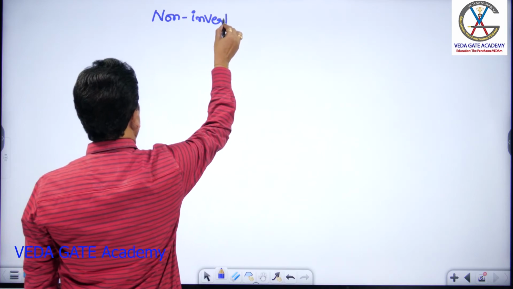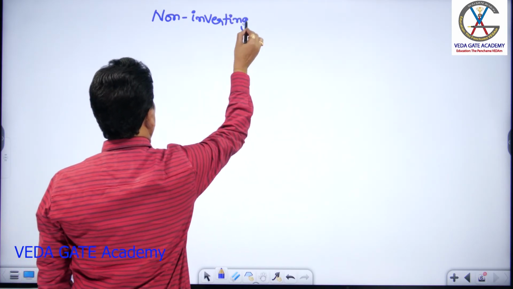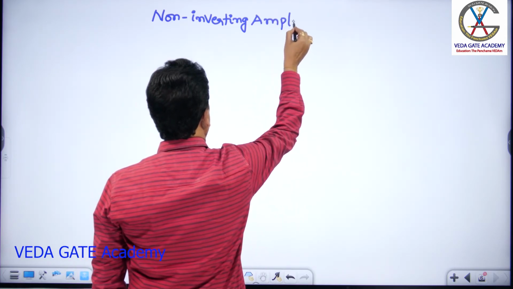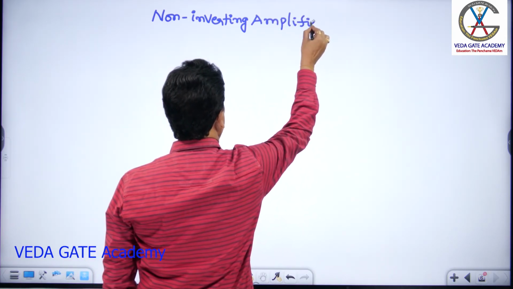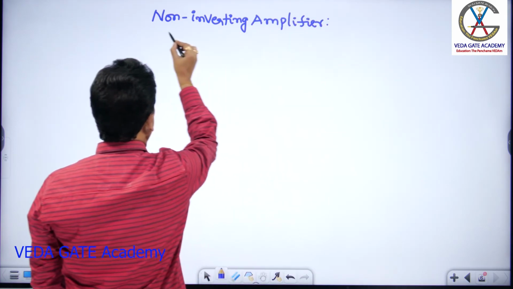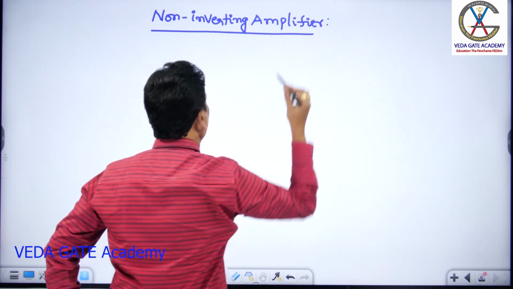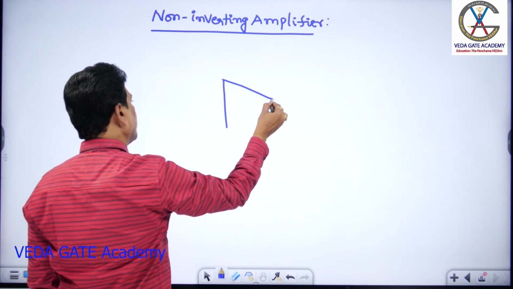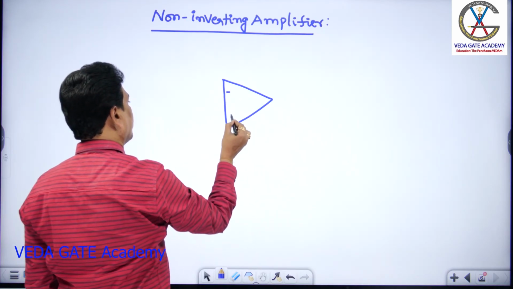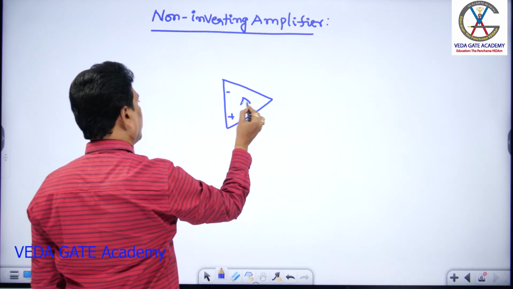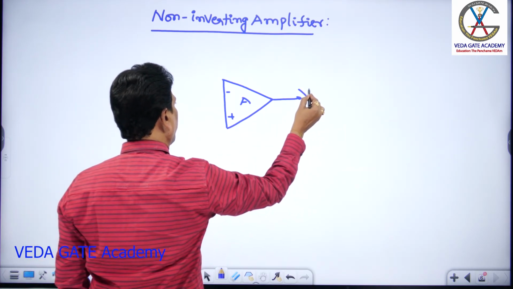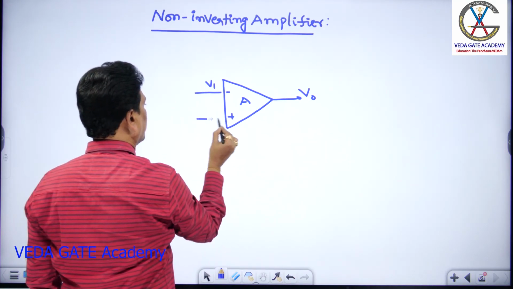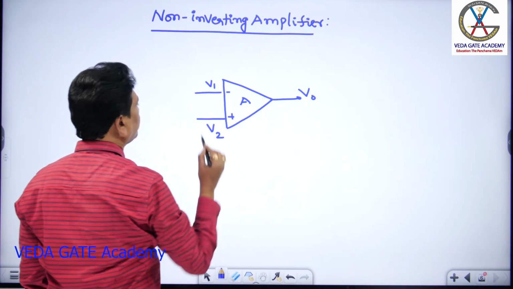In the non-inverting amplifier, we apply the signal voltage to the non-inverting terminal, and the inverting terminal is kept at ground. This is the non-inverting amplifier circuit. This is the output V0, this is the inverting node, and this is the non-inverting node.